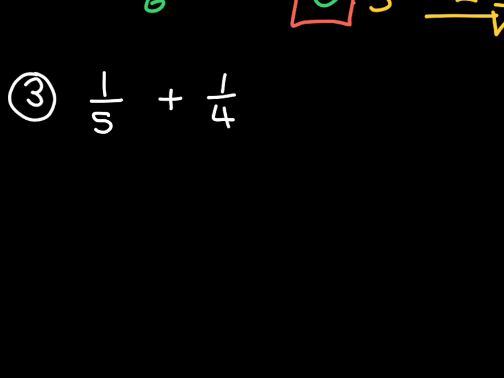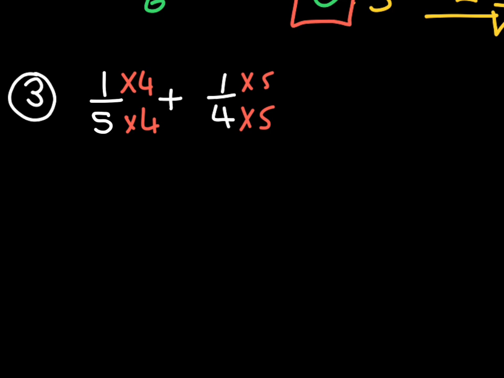Now we're going to need to make use of the methods discussed earlier in the video. So we said that we can multiply the fractions by the other fraction's denominator. So that means we will multiply the first fraction by 4 over 4, and we'll multiply the second fraction by 5 over 5.